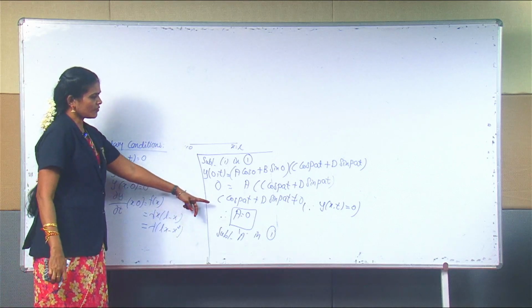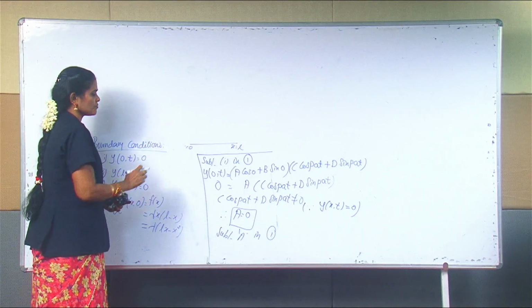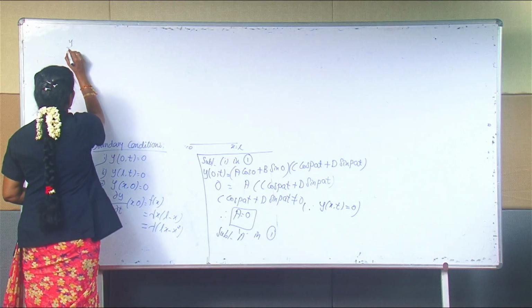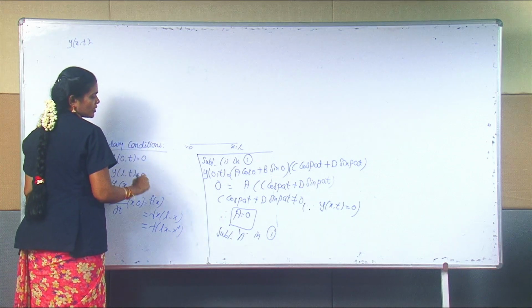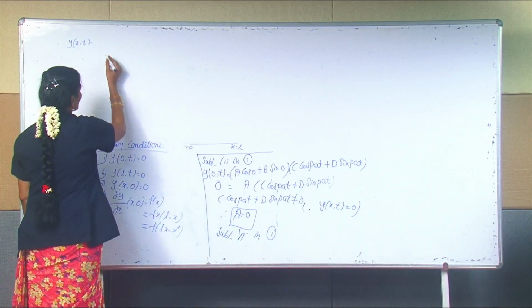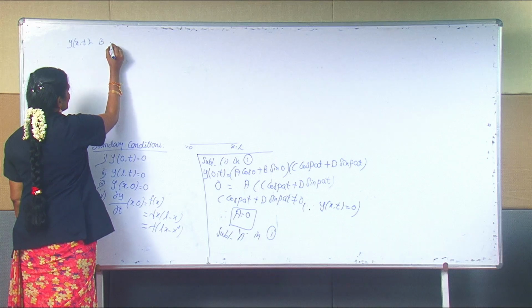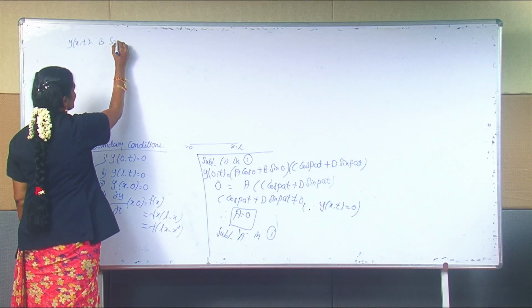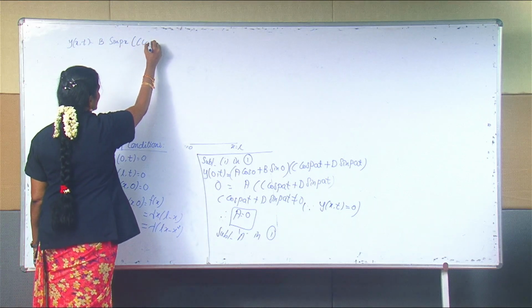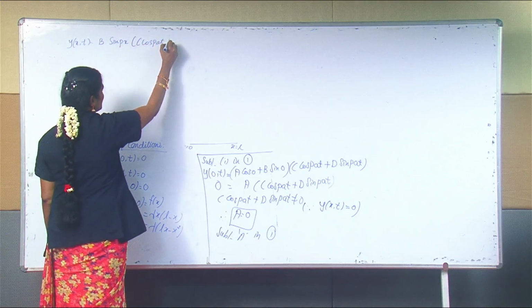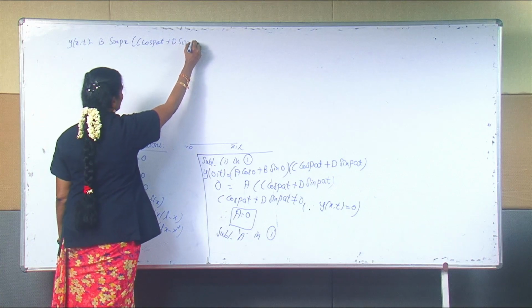If you substitute a value 0 in our correct solution 1, the solution becomes y of x comma t equal to b sin px into c cos pat plus d sin pat.